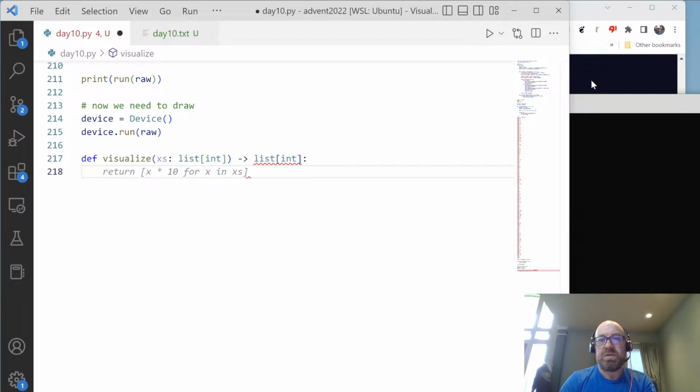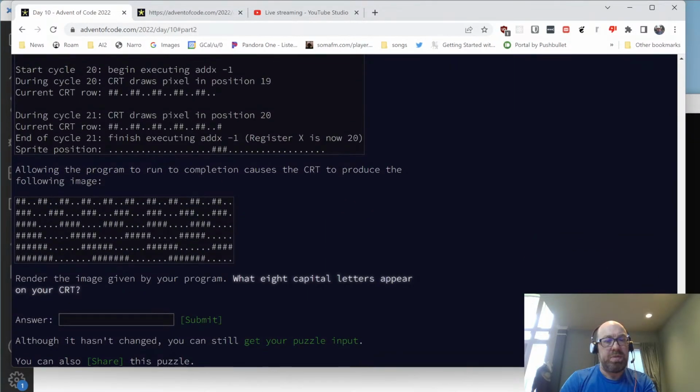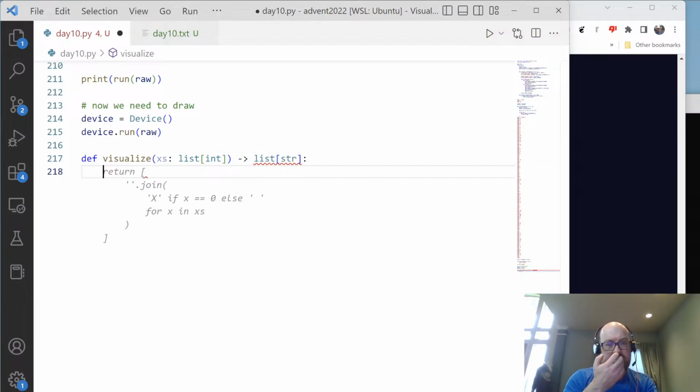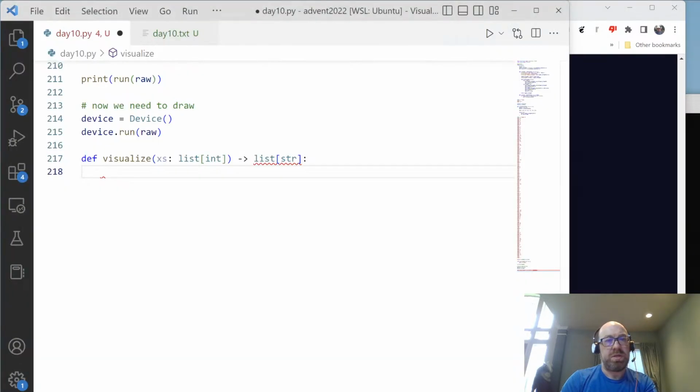Well, how do they visualize them? They visualize them as a pound or a period. So I'll make it a list of strings.